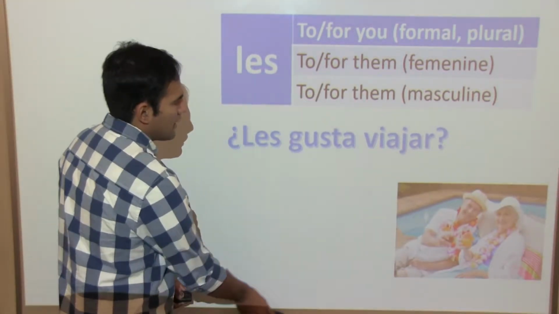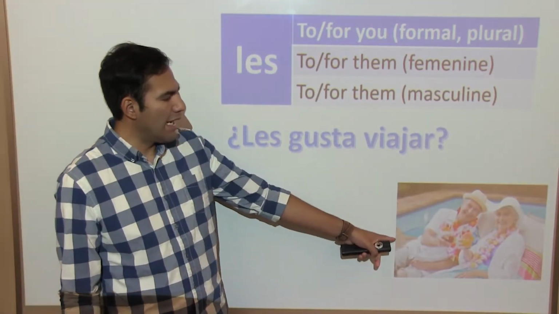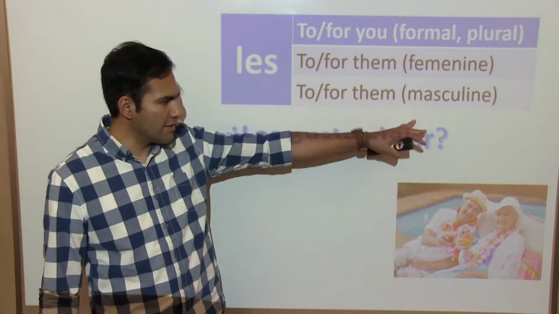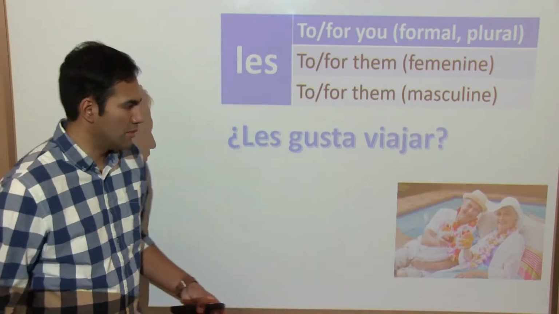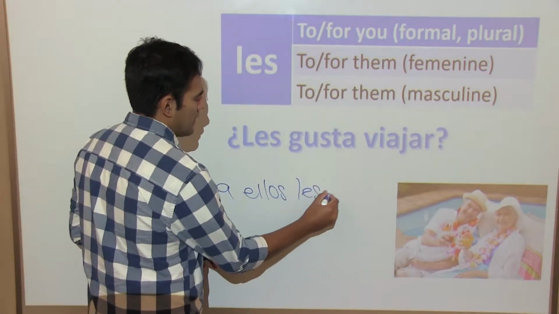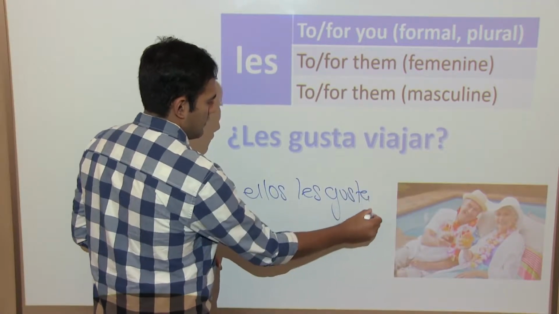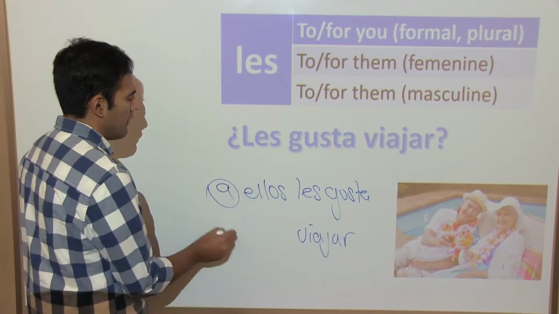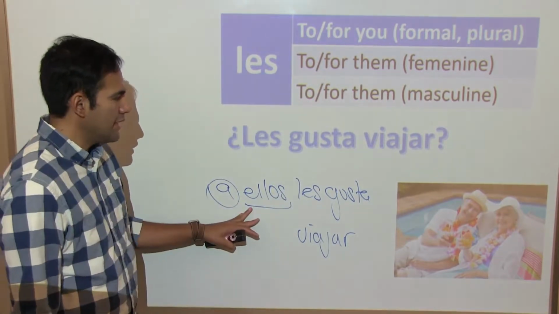Okay, so now here, les gusta viajar. So we're talking about them, and we're going to use the masculine because we have a male in the group. A ellos les gusta viajar. So notice we have our preposition and then a pronoun.